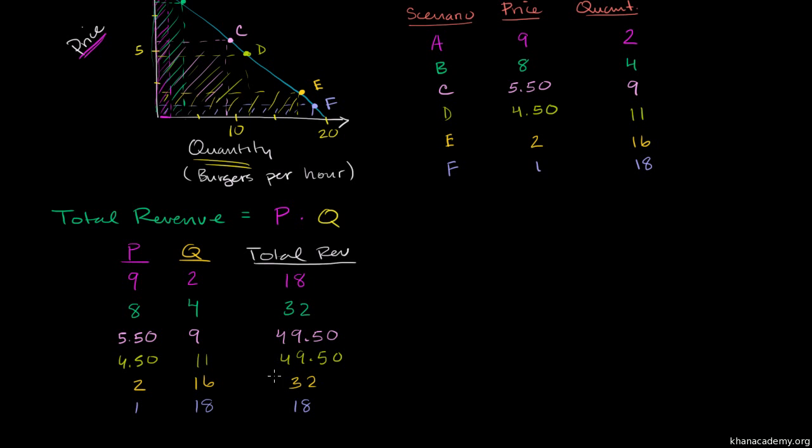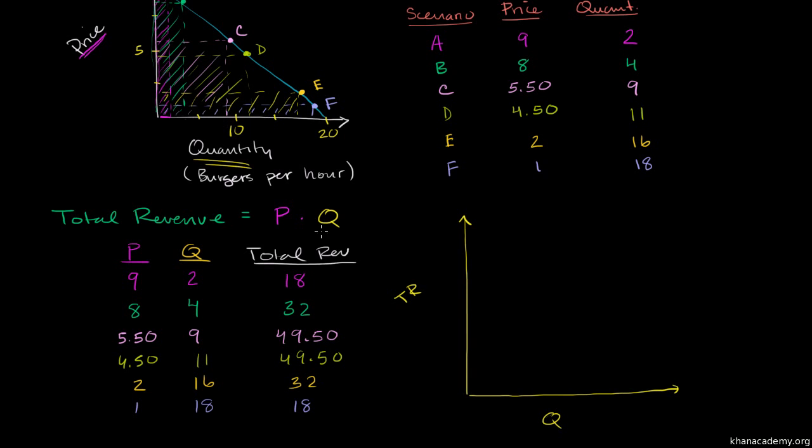And you could graph these just to get a sense of how total revenue actually changes with respect to price or quantity. Let's plot total revenue with respect to quantity. So let me plot it out. This is going to be total revenue, and this axis right over here is going to be quantity.